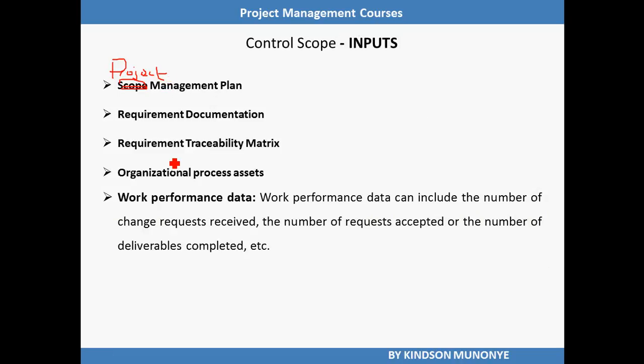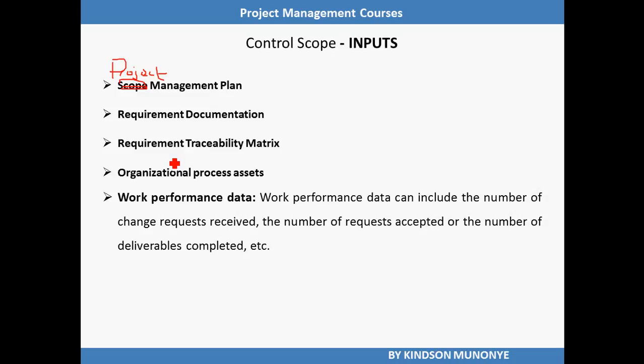Why do we need the project management plan for control scope? The reason is that the information required to control the scope includes the scope baseline, the scope management plan, the change management plan, and other management plans and baselines. All these are contained in the project management plan, therefore we need it to control scope.